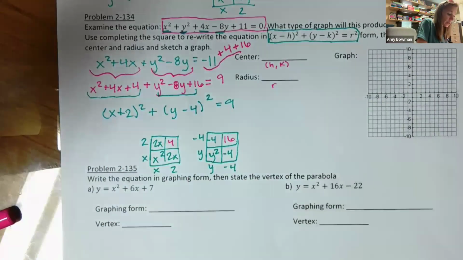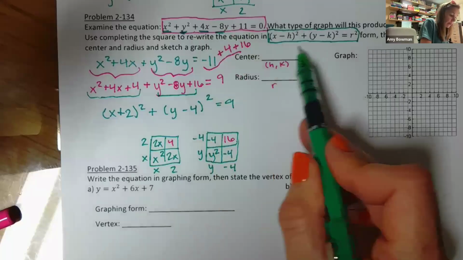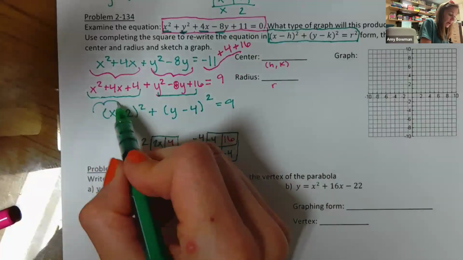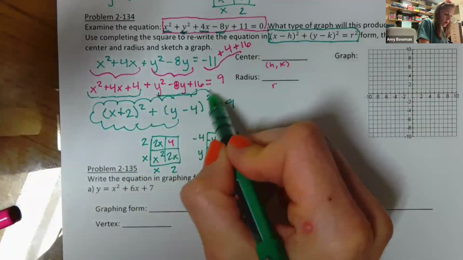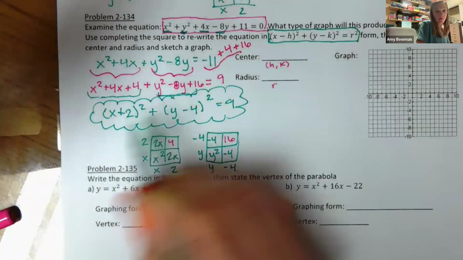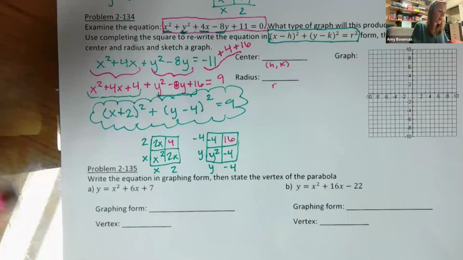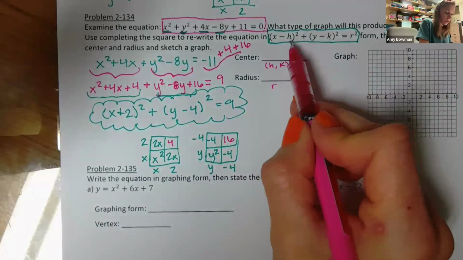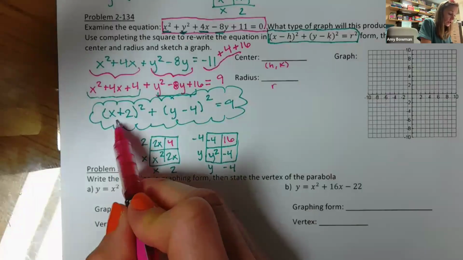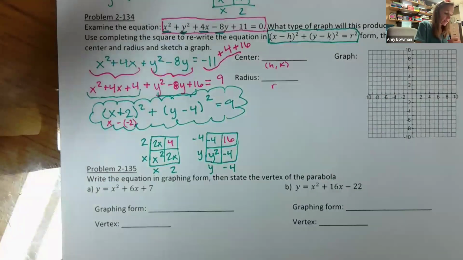So what we have is the equation of our circle now in this graphing circle form. So our h and k and our radius are all a piece of that equation. So remember the center is the h and k value. So whatever's being subtracted from x is h. Since it's x plus 2, that means we would have to be subtracting -2.